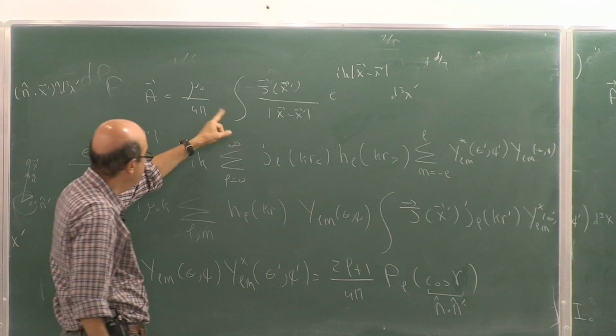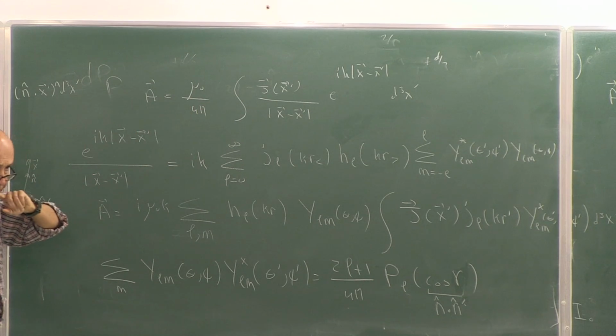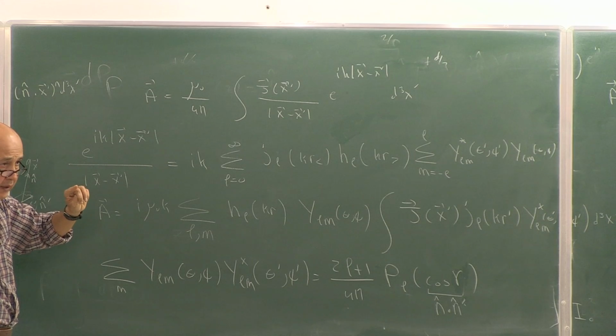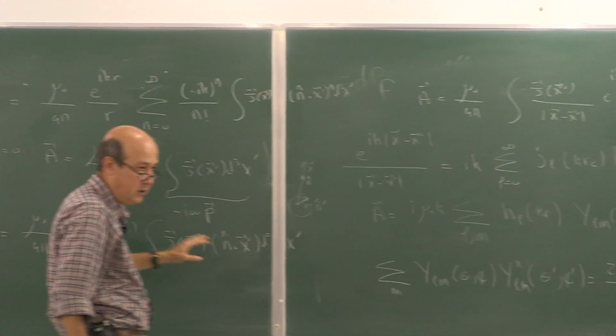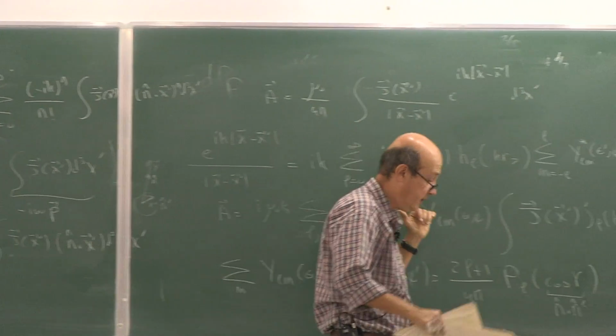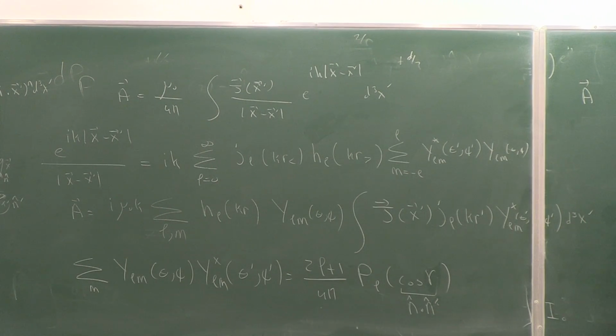When I plug it in here, I will find the exact form of the vector potential, and one particular case, L equal to 1, will give a better expression than this. So today I will carry on with that point, and I will study the magnetic dipole moment and the electric quadrupole moment radiation next time.